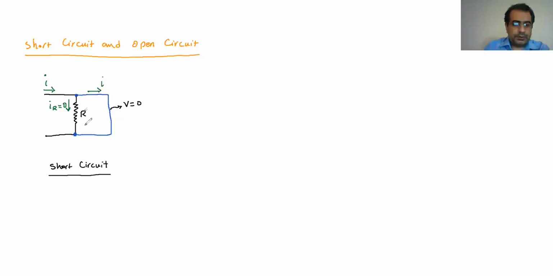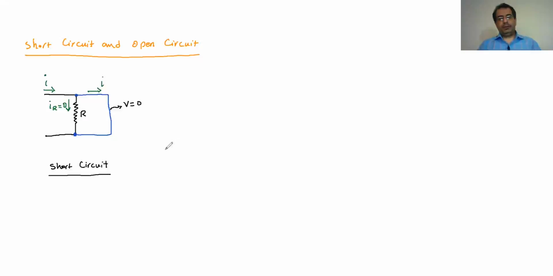In other words, this is a simple way to say it, the important part is that if I have a resistance and I connect two ends of that resistance with a single wire, then no current goes through that resistance anymore. All the current bypasses the resistance through this connected wire. That's the important part that I need you to remember.